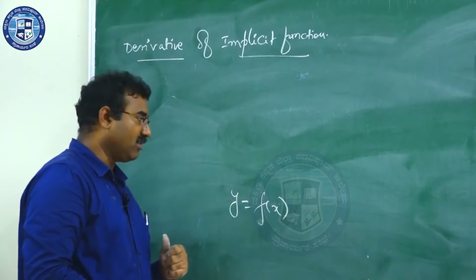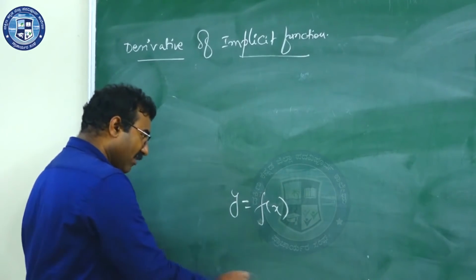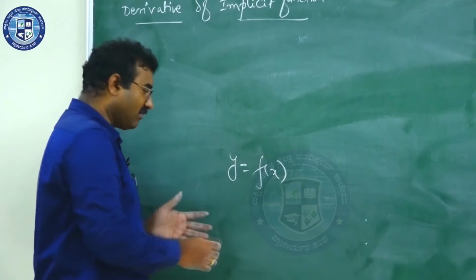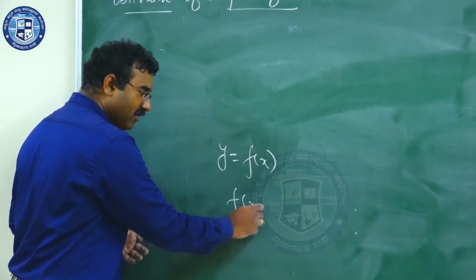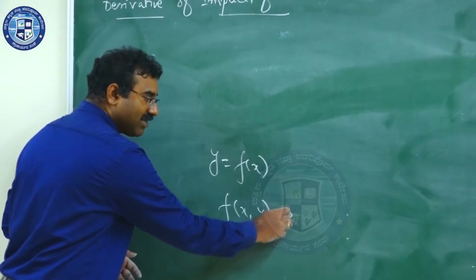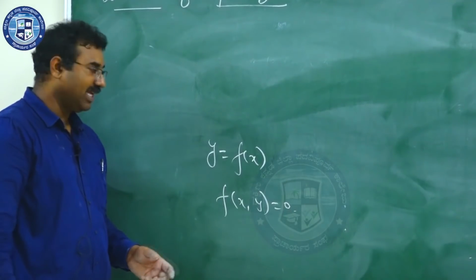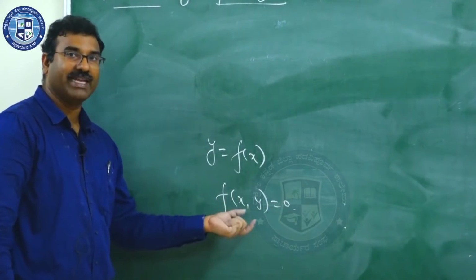Now, implicit function means they won't give y in terms of x, they will give in terms of a relation f of x y is equal to 0. They will give by their relation, the 2 variable relation.